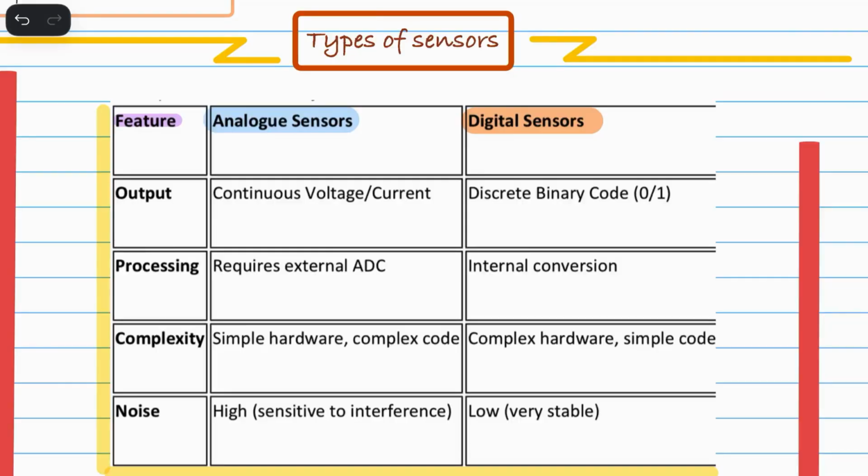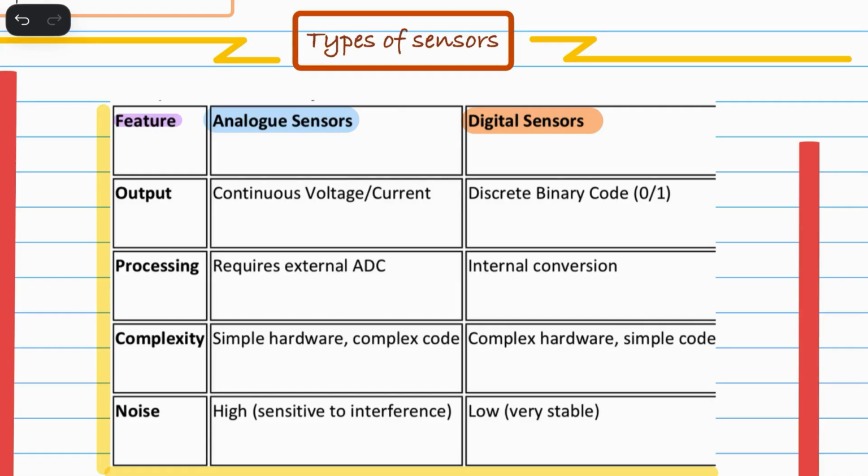Let's quickly analyze the difference between analog sensor and digital sensor. The analog sensor provides continuous value, continuous current or voltage, whereas digital sensors provide discrete binary codes. Either it's 0 or it's 1, either it's on or off.